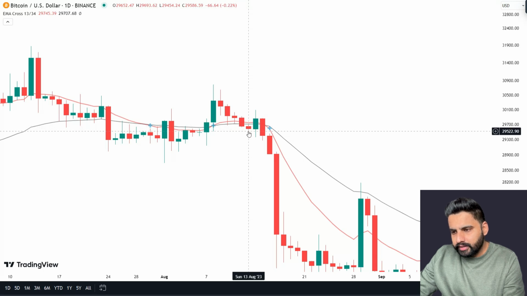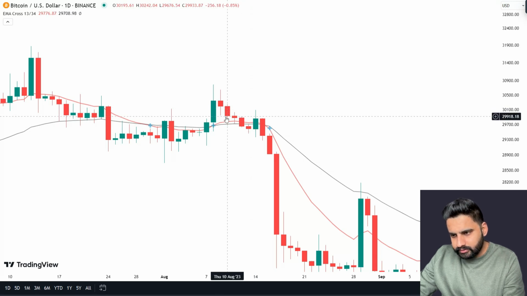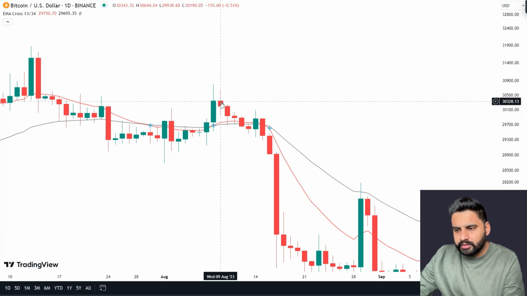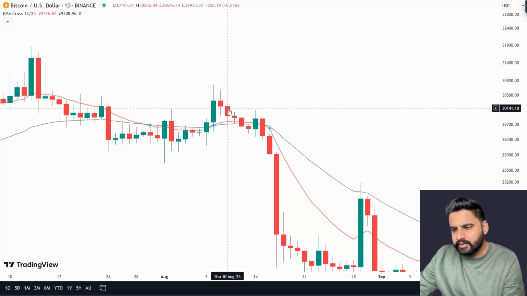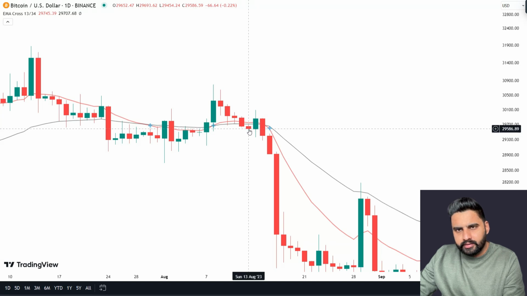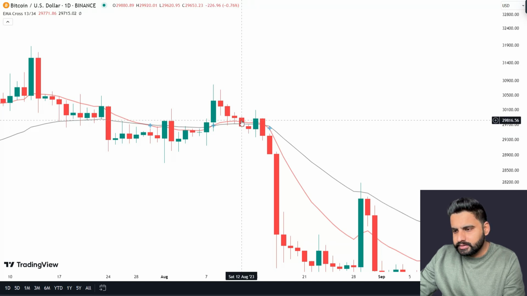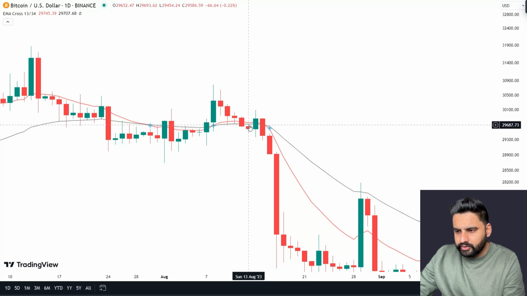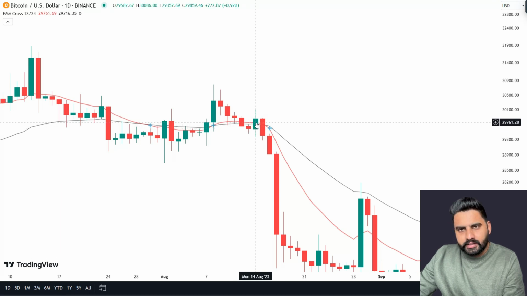Say let's suppose we are here, right? We need to note down the high of this candle. Now let's say the high is never breached. So let's assume we are here and the high of this candle is this. But on the very next day, when we note down the high of this candle, the high of this candle was breached.